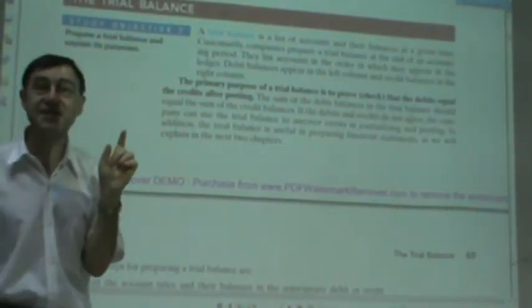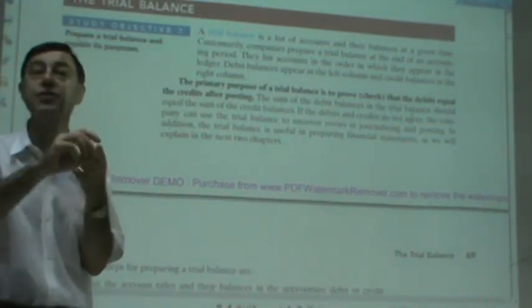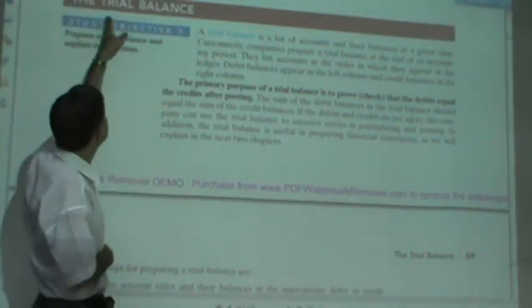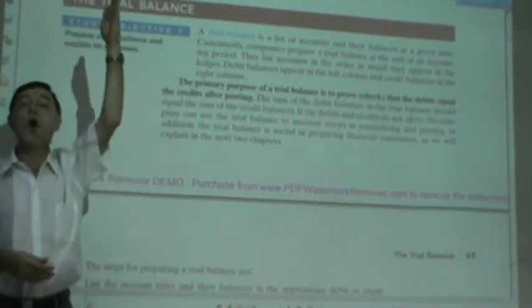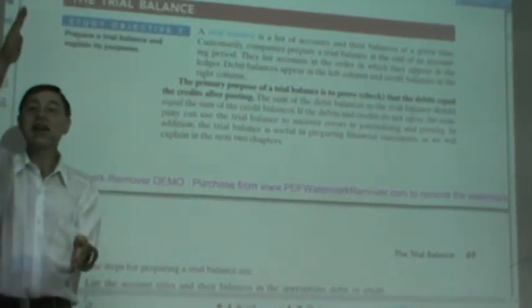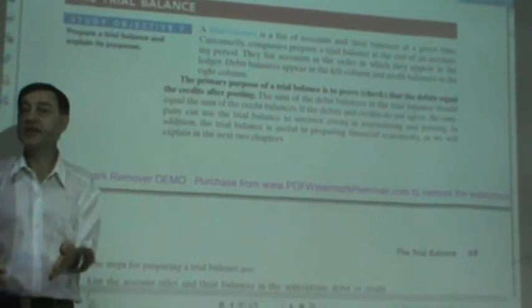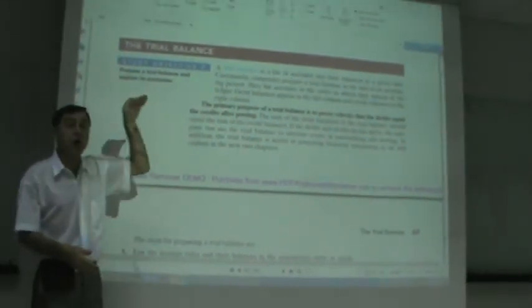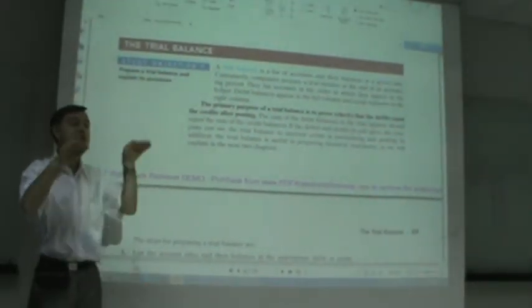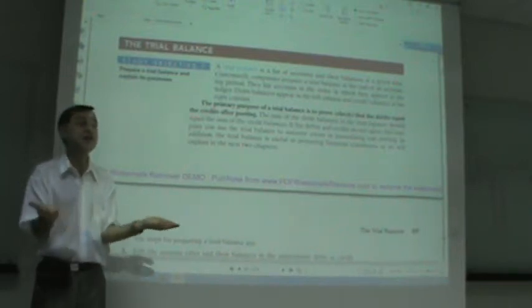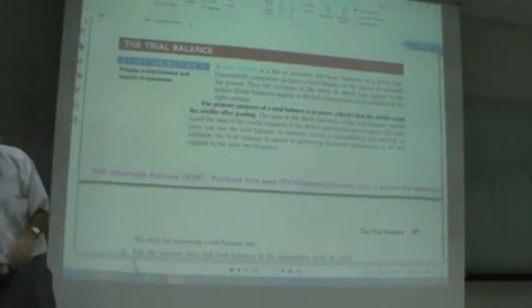And finally, you need to do the last step, or the step before you do the income statement. It's called a trial balance. And a trial balance is simply all the debits and all the credits in the account. So you take all accounts, list the debits, list the credits, and see if they match.